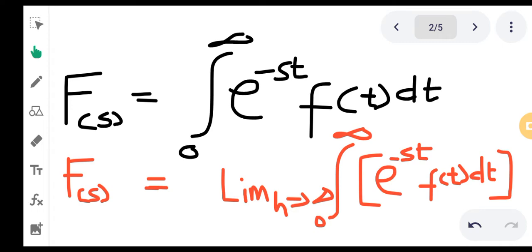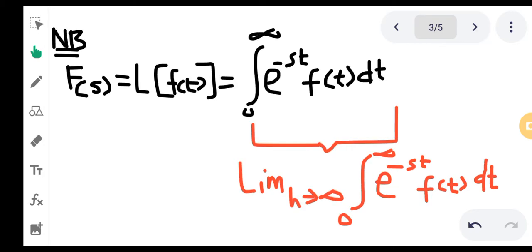We take a limit of a certain number, say h. As h approaches infinity, the integral from 0 to h of e exponent minus st multiplying f of t dt will transform the f of t to the f of s.